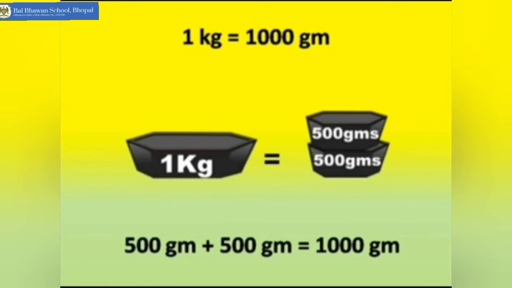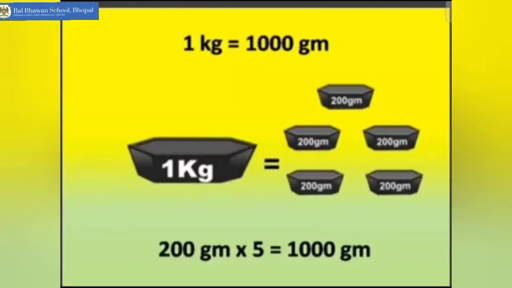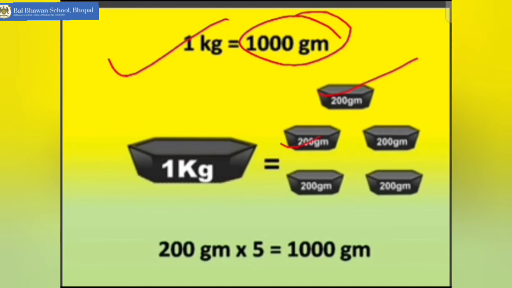We can represent it in many forms. For example, here a total of 500 grams and 500 grams gives you a total of 1000 grams, and as soon as we reach 1000 grams it is considered as 1 kilogram. Another possible way to make a total of 1 kg is taking metal blocks of 200 grams and finding their total.